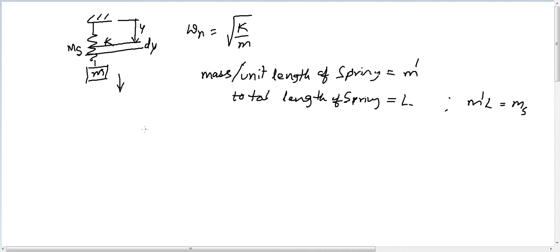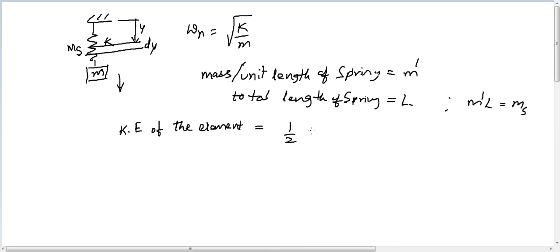Now the kinetic energy of that small element is nothing but half into the mass of that element.